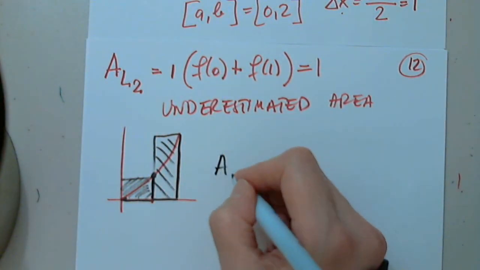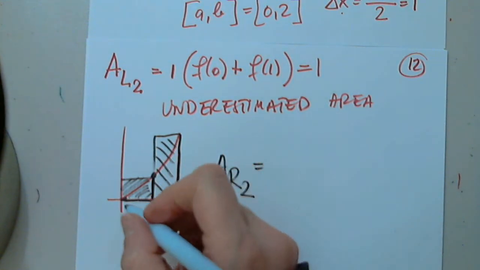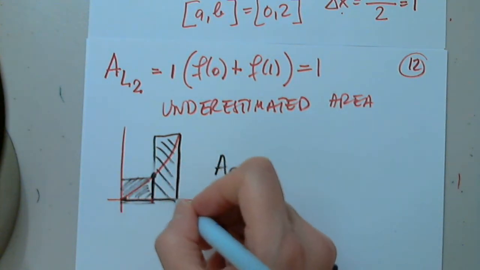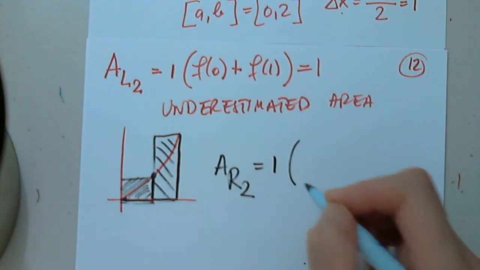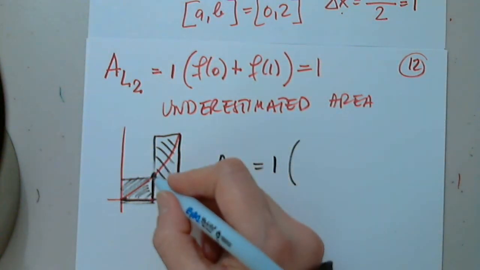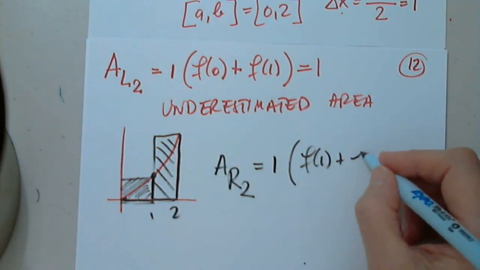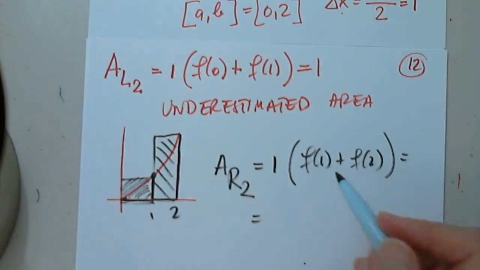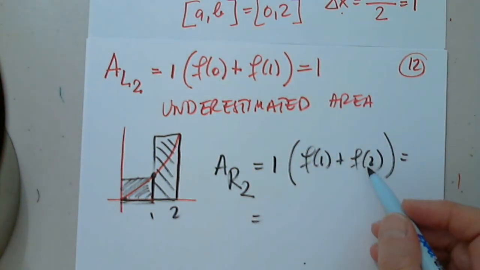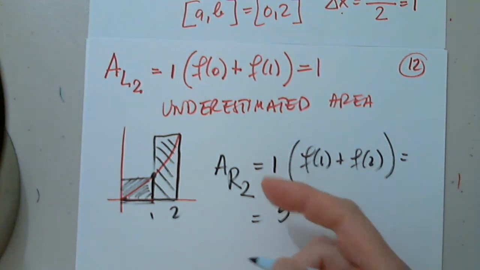So then the area with right 2 is base times height plus base times height. So delta x outside, f of 1 plus f of 2. F of 1 is 1, f of 2 is 4, 1 plus 4 is 5 times 1.